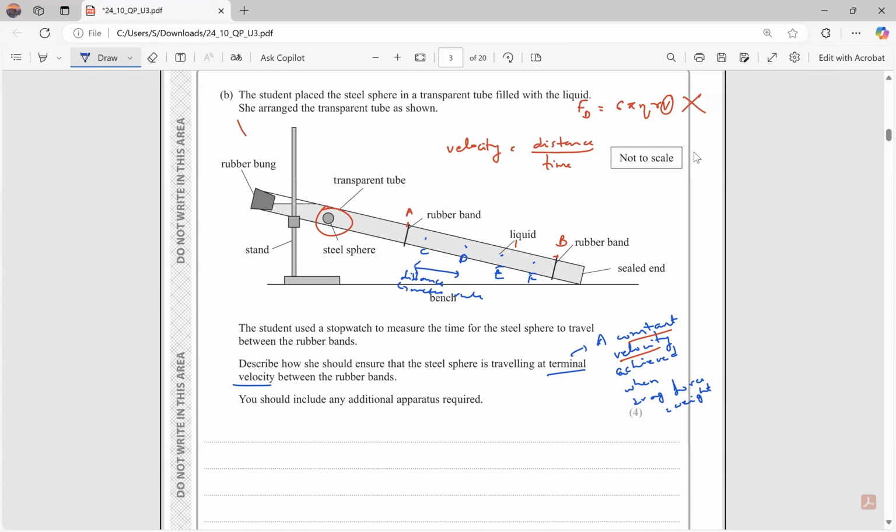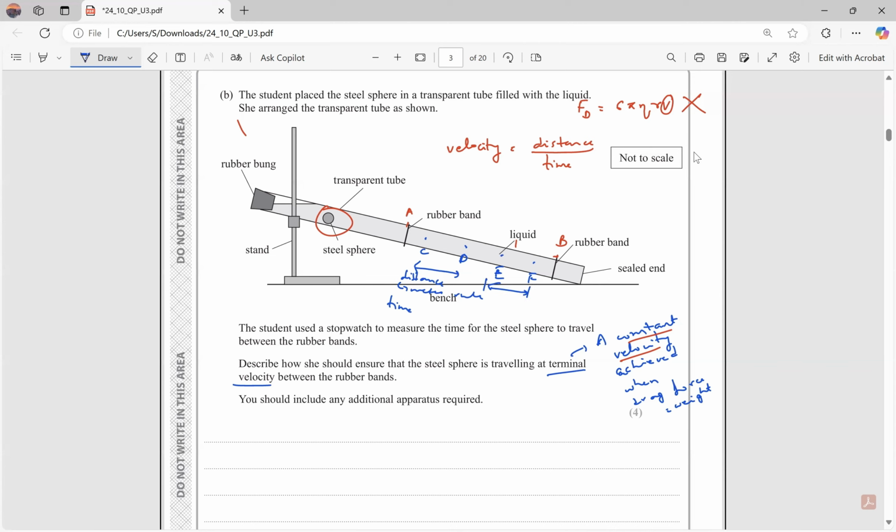We can measure the time taken between the 2 points using a video camera. We can watch the video in slow motion to exactly see what's the time when it passes through C, and what's the time when it passes through D, and subtract the times to get the time taken. Similarly, we can do the same process between points E and F.